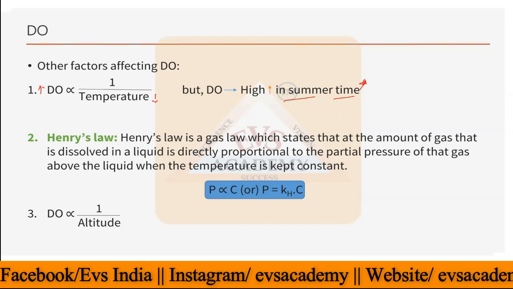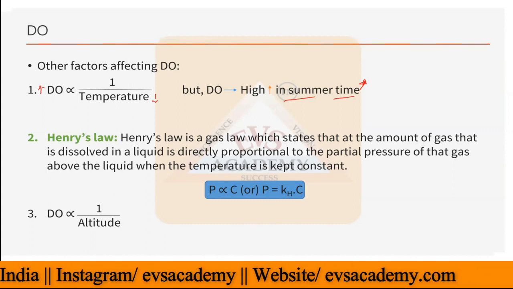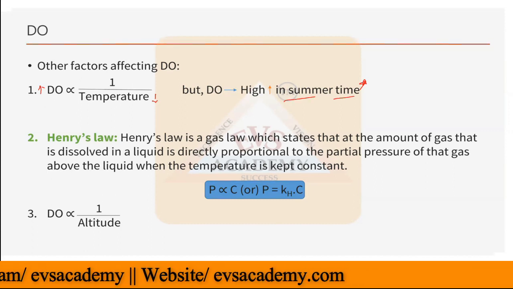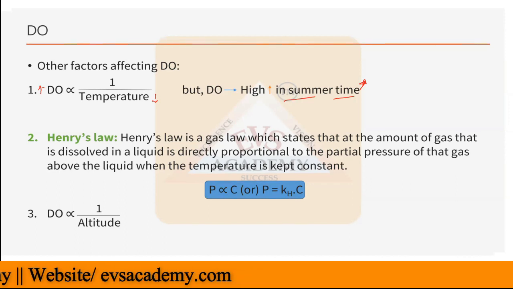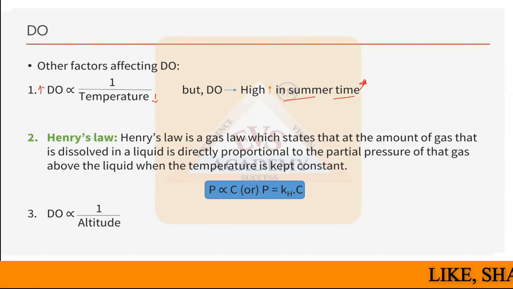The next thing is Henry's law. Henry's law is a gas law which says that the amount of gas that is dissolved in a liquid is directly proportional to the partial pressure of that gas above the liquid when the temperature is kept constant. That we have already seen in the previous classes as well.